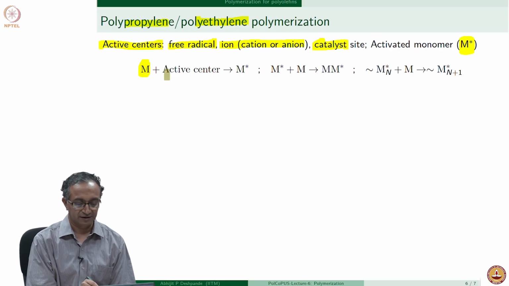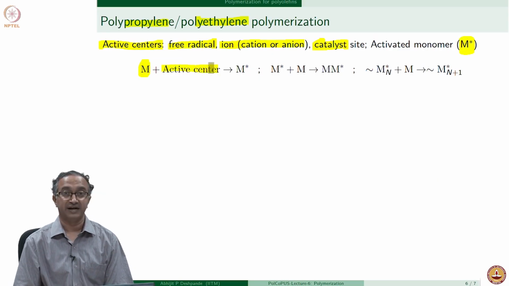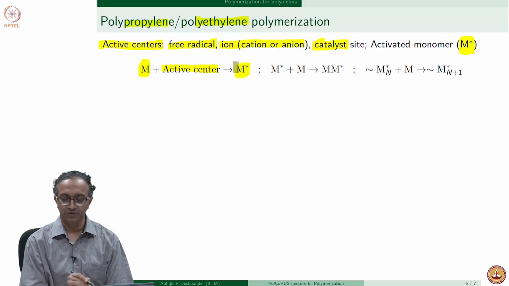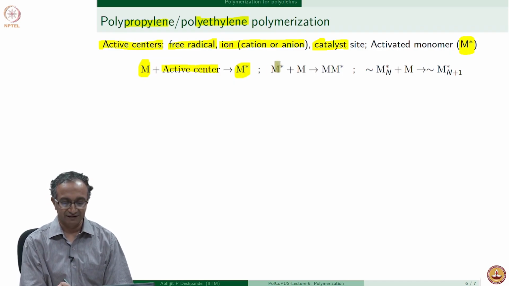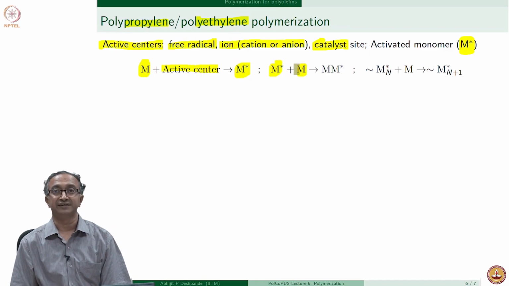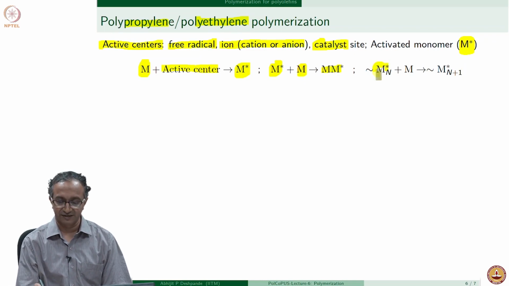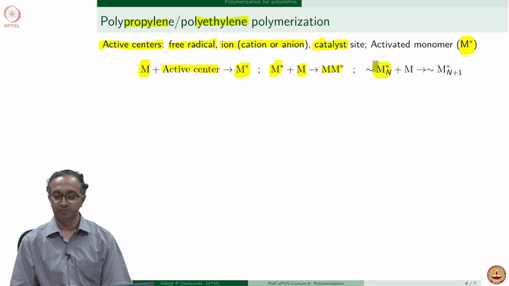A mixture of M together, as I said, will not polymerize. Generally, a monomer plus active center gives rise to an activated species. This activated species can then start reacting with other monomers which are present, and the chain can start growing. Basically, an active center with n monomers can react with another monomer to form n plus 1.